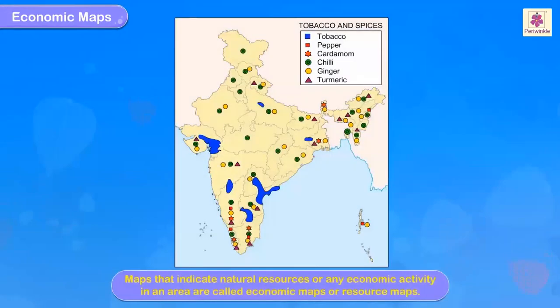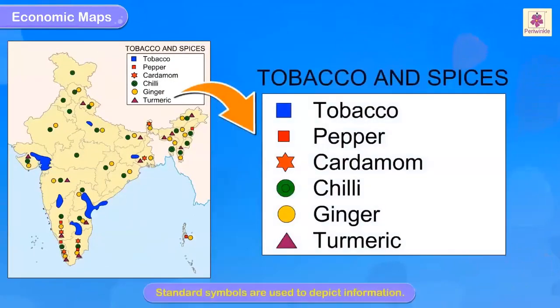Economic maps. Maps that indicate natural resources or any economic activity in an area are called economic maps or resource maps. Standard symbols are used to depict this information.